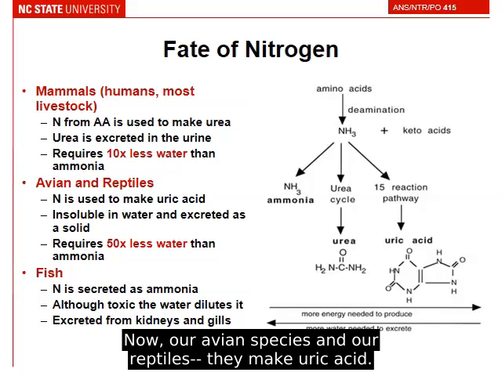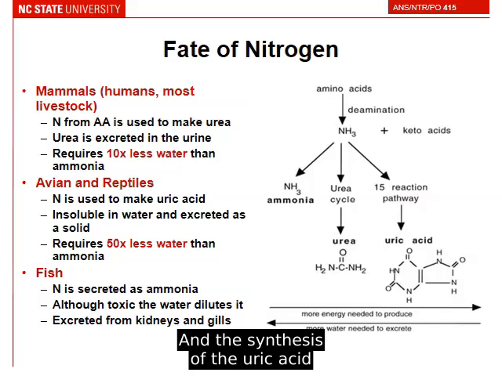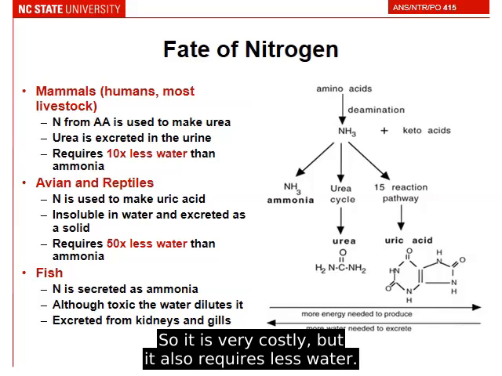Now, our avian species and our reptiles, they make uric acid, and the synthesis of uric acid has 15 different reactions within it. So it is very costly, but it also requires less water.